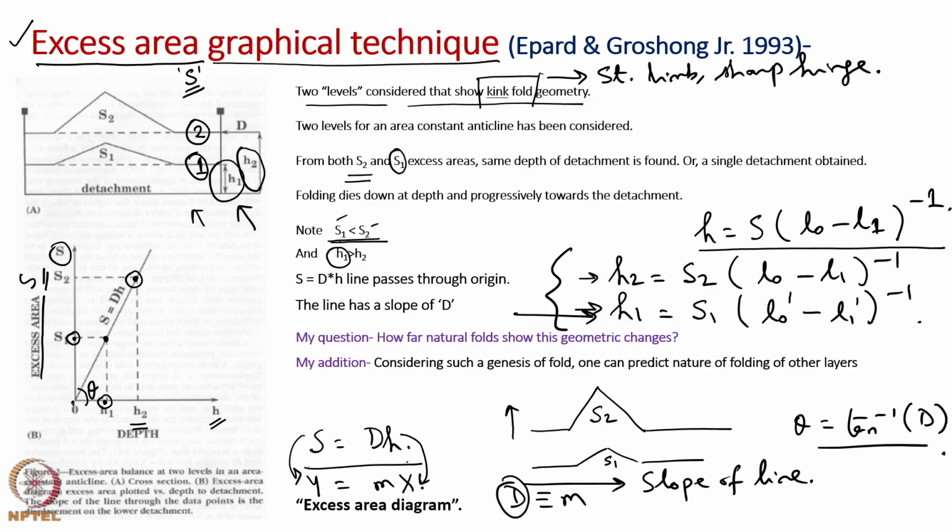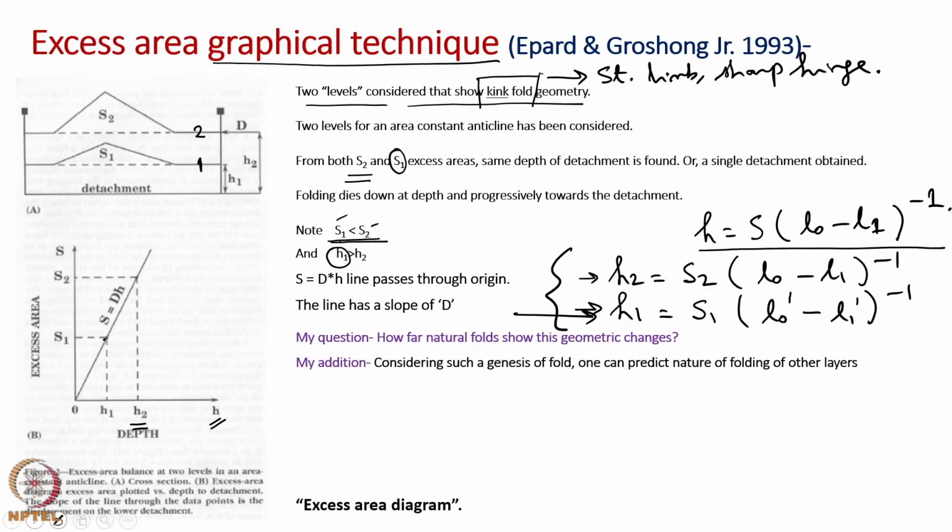If I join the origin, this point and that point, it defines a straight line S equal to dH. These 3 points, origin 0 0, this point and that point, what are their coordinates? This coordinate is h1, s1 and this coordinate is h2, s2, and they are collinear. That means they fall on the same straight line.